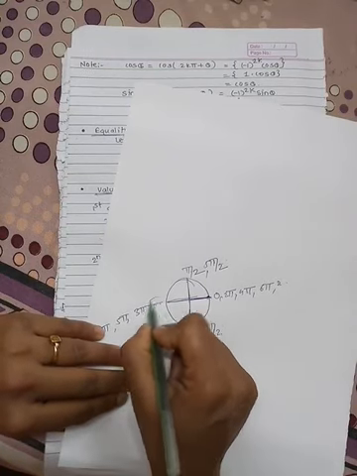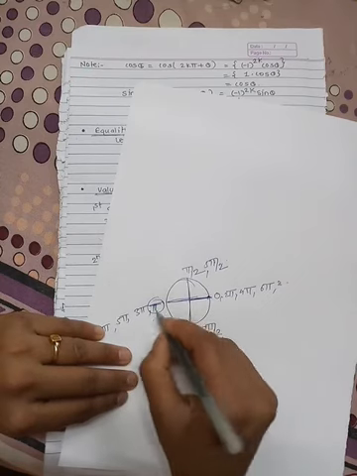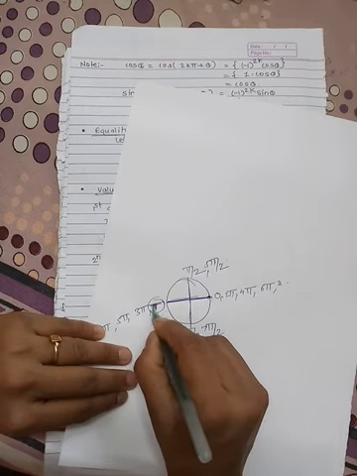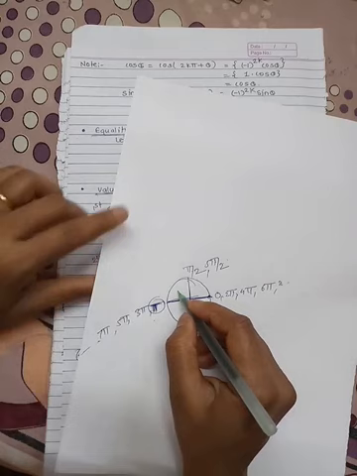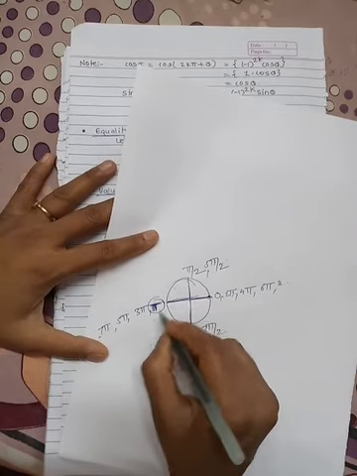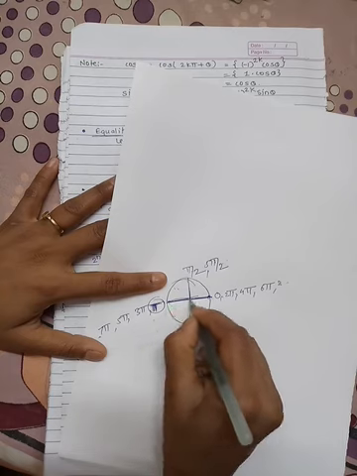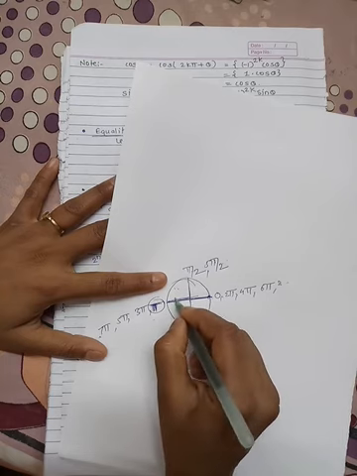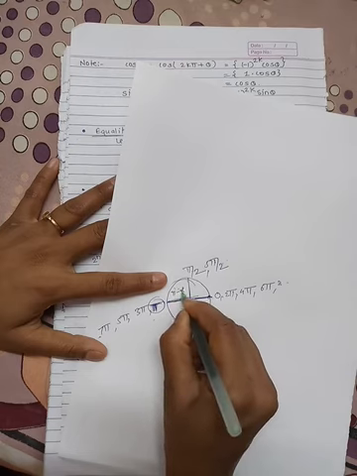So here the first angle we have to take is pi. So what is the value in the second quadrant? The second quadrant is before this pi line, so the formula is pi minus alpha.